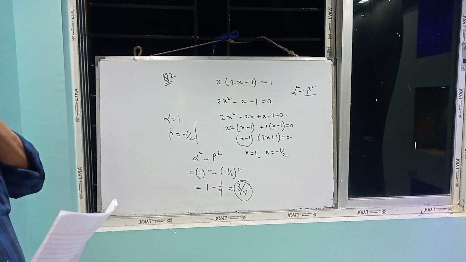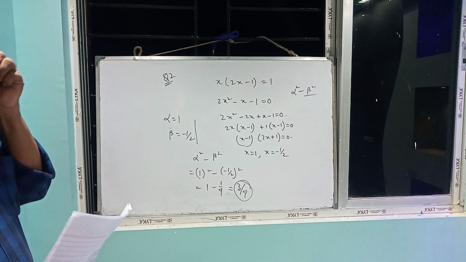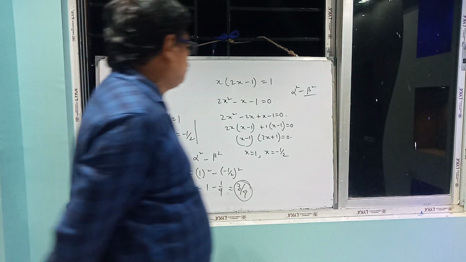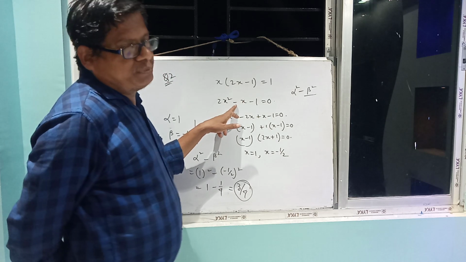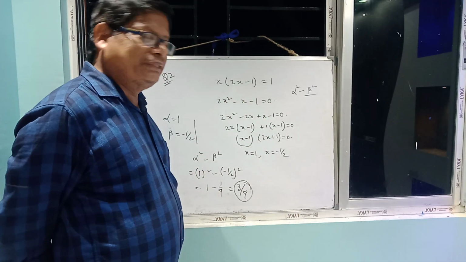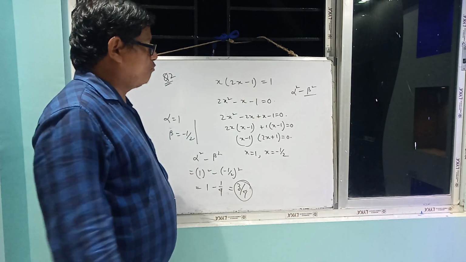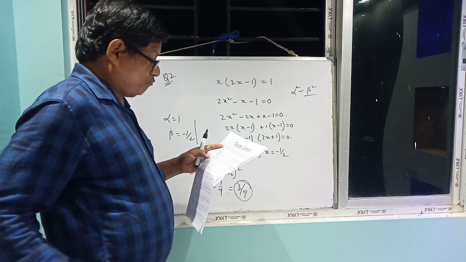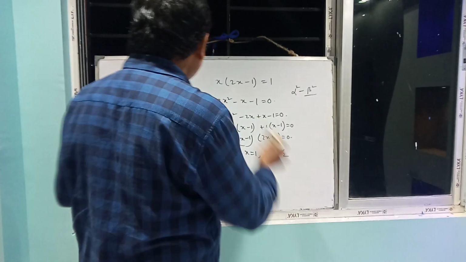Right. Another way: alpha plus beta equal to half and alpha beta equal to minus half. In that process also you can do. Now second one, third one. Right.